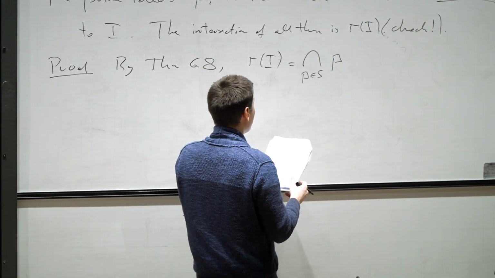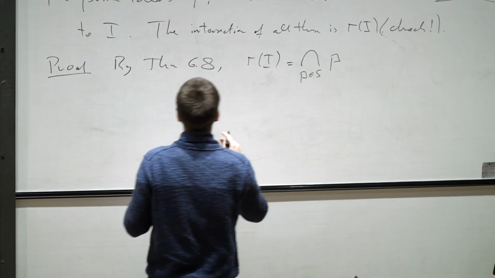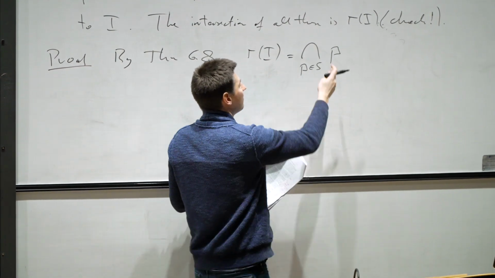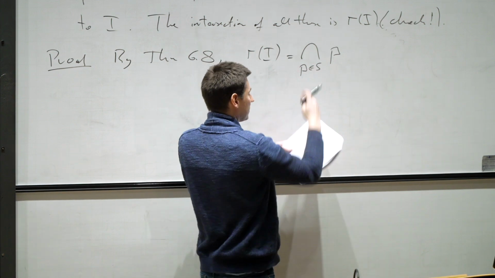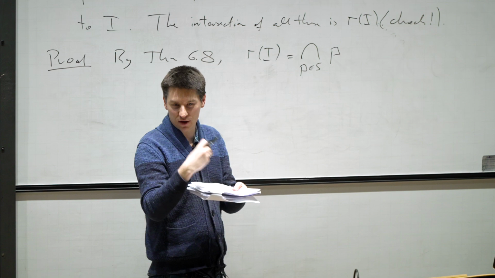Okay, and moreover, now what happens if you have two primes in this intersection and one sits on top of the other? When I take the intersection, I don't need the bigger one. I only need the smaller one.